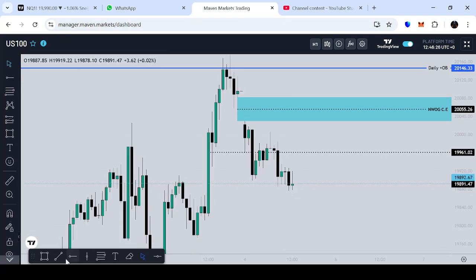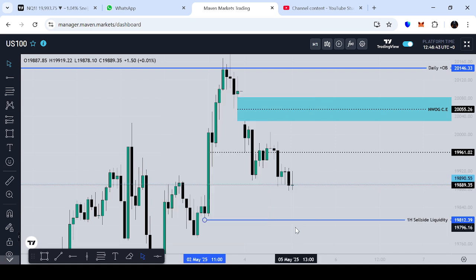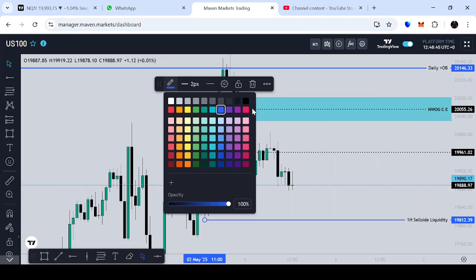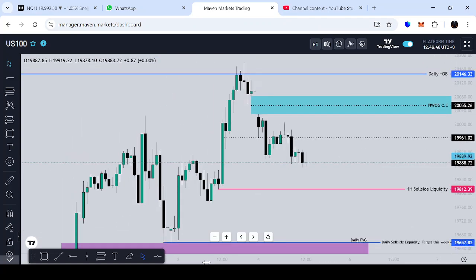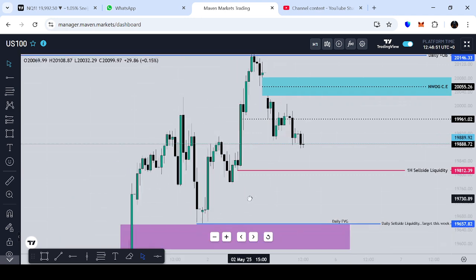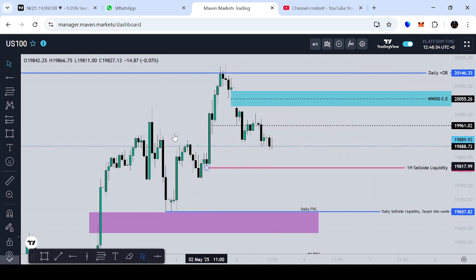You have a sell side liquidity resting below here too. This is a sell side liquidity. That's 1 hour sell side liquidity.